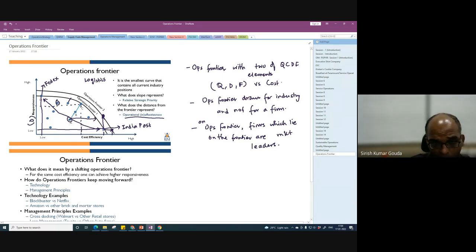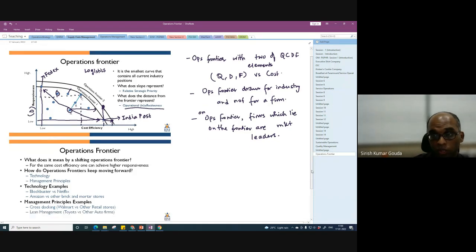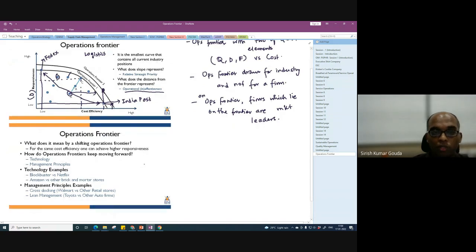Now, the next important question we want to answer is, how does the operations frontier move forward? The operations frontier moves forward because of changes in either technology or the management principles adopted by different firms. Taking an example of technology, we know how Netflix has disrupted the overall video on demand industry through the digital subscription model.